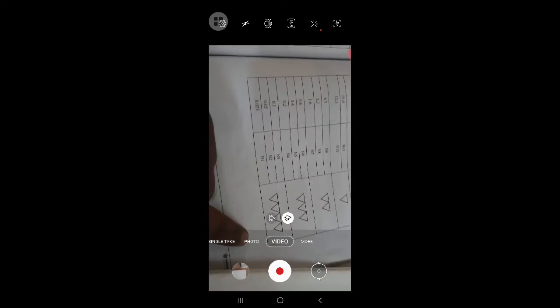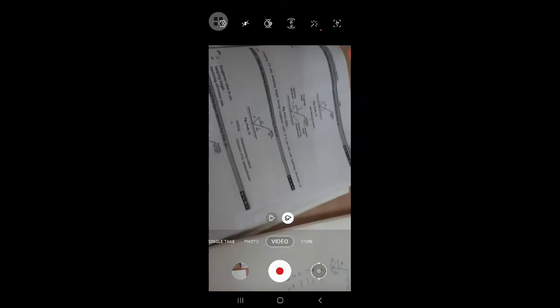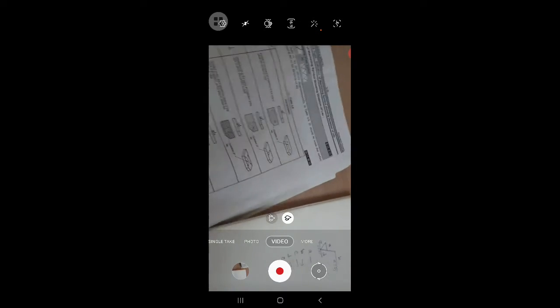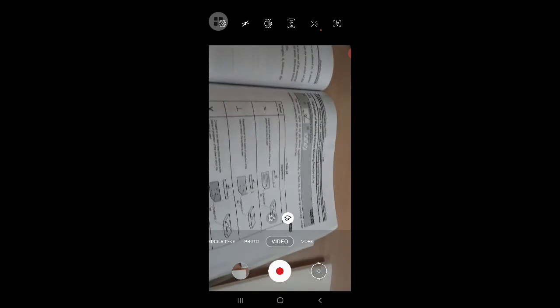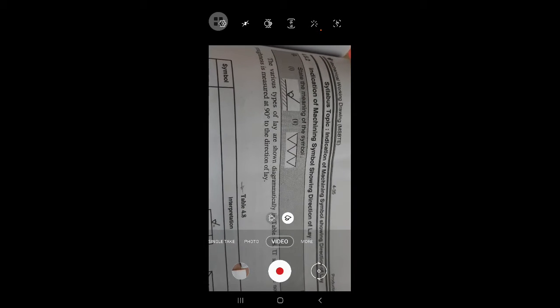In the exam, some questions are asked. So let's see the exam questions. First question: state the meaning of the symbol.